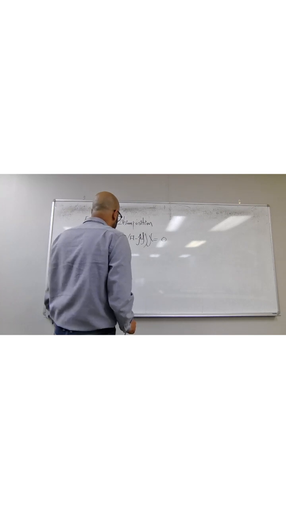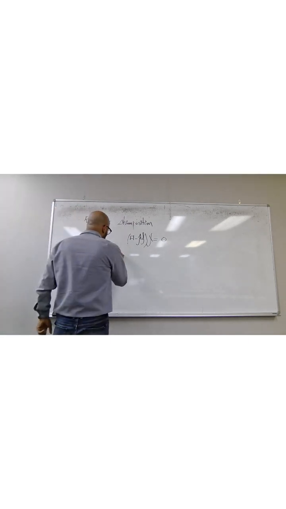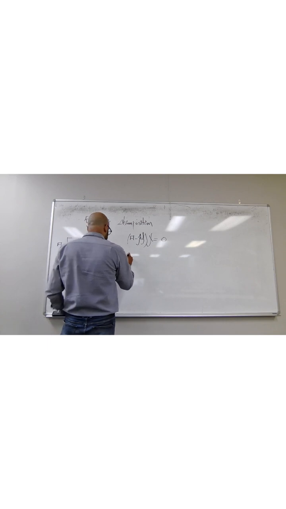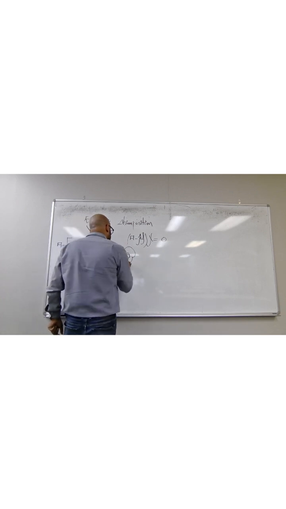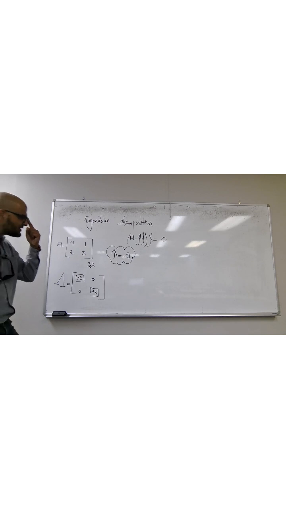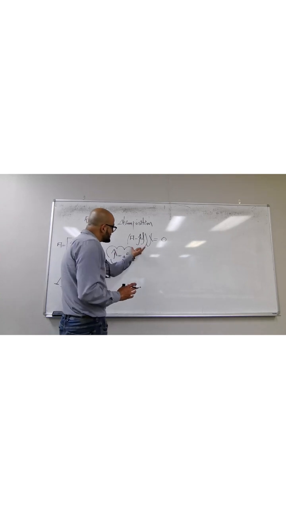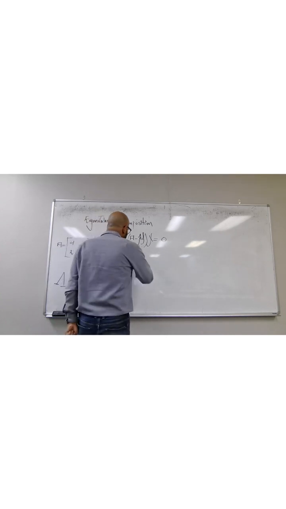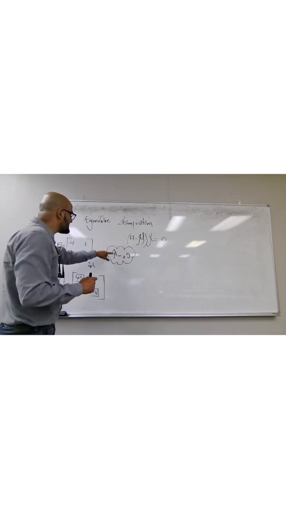Okay, now A minus lambda I. I'm just going to start with lambda equal to 5. We said that if lambda is 5, what is going to be the eigenvector associated with this eigenvalue? I know lambda, I know A, and it's going to be subtracted.